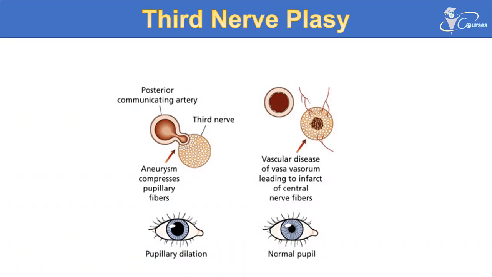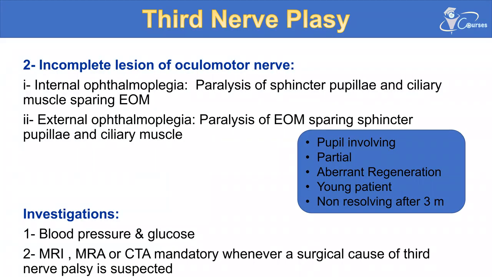It could be other causes, or surgical causes can start by pupillary sparing, then convert to pupillary involving. So you should also look at the full picture. Like if a patient has pupillary involving or partial third nerve palsy involving specific muscles, or if there is aberrant regeneration of the third nerve, or if there is a young patient.